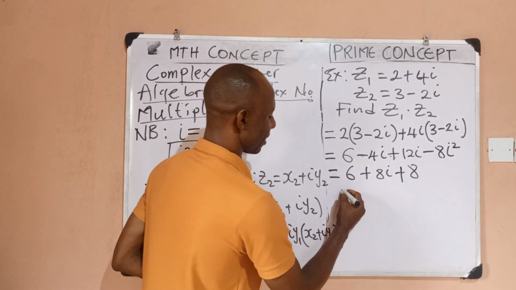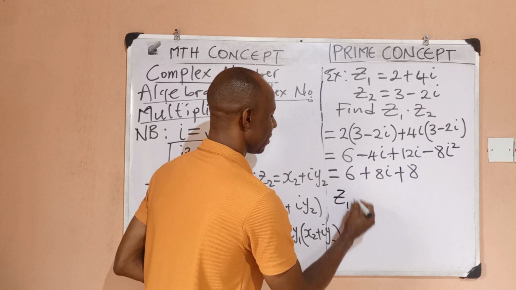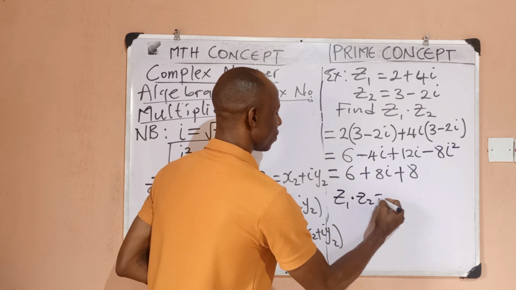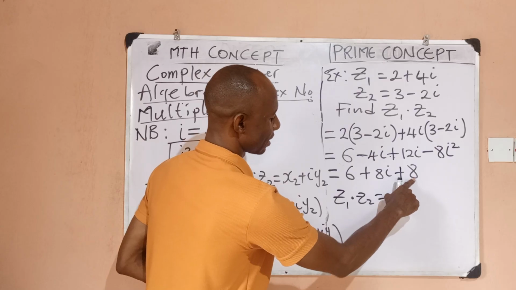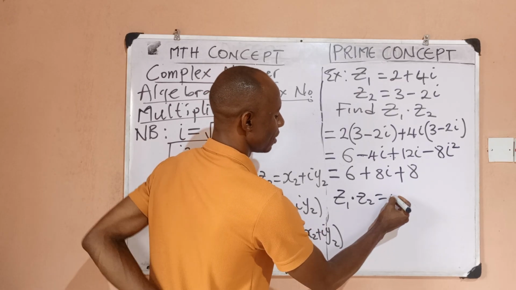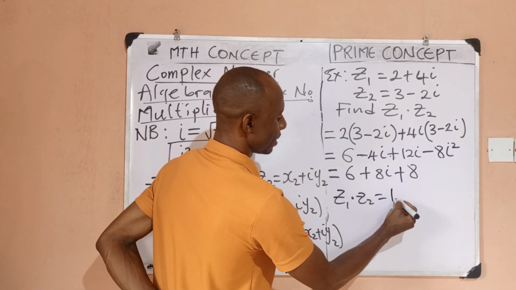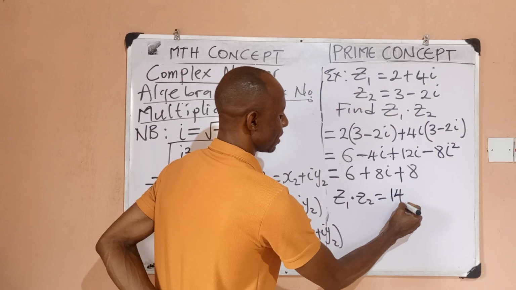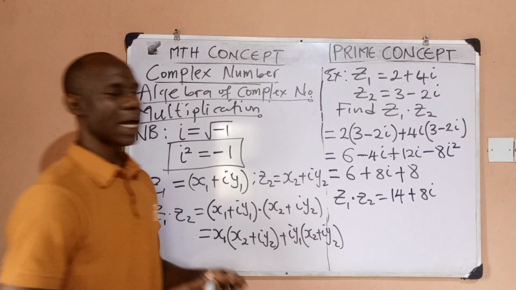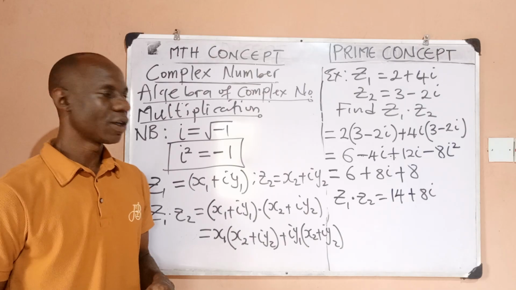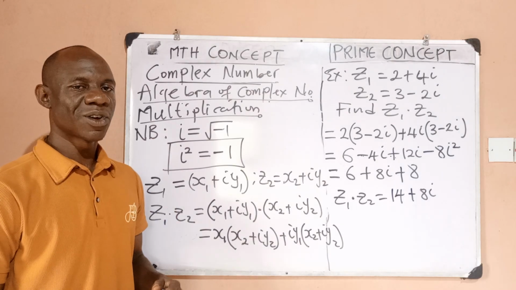So if I add this, I'll then have that z1 times z2 is going to give me 6 plus 8, which is the real part, which is 14, right? 14, then plus 8i. So this is what I have in the multiplication of the two complex numbers.